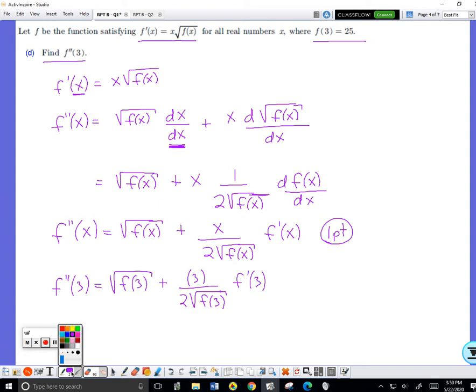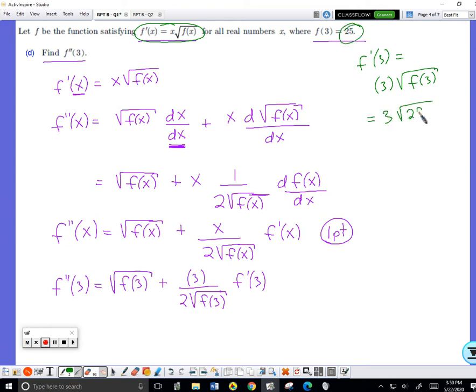So I've got to go figure out what f prime of 3 is. So here's my formula for f prime. So f prime of 3 is going to equal 3 square root f of 3, which is going to equal 3 times the square root of 25, which is 5. 3 times 5 is 15.